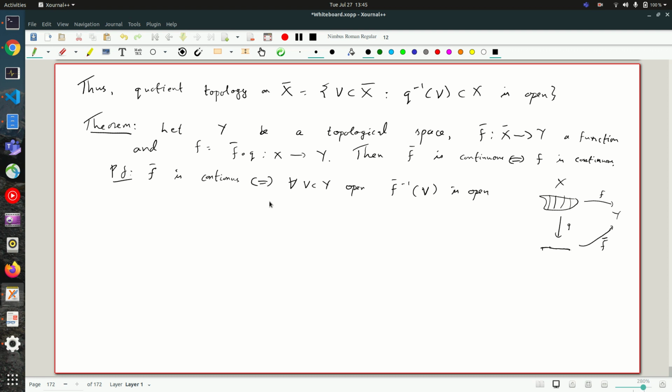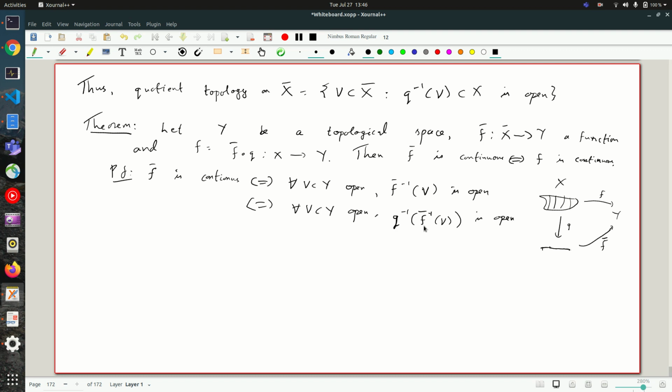But what does F bar inverse of V being open mean? It is equivalent to Q inverse of F bar inverse of V being open.